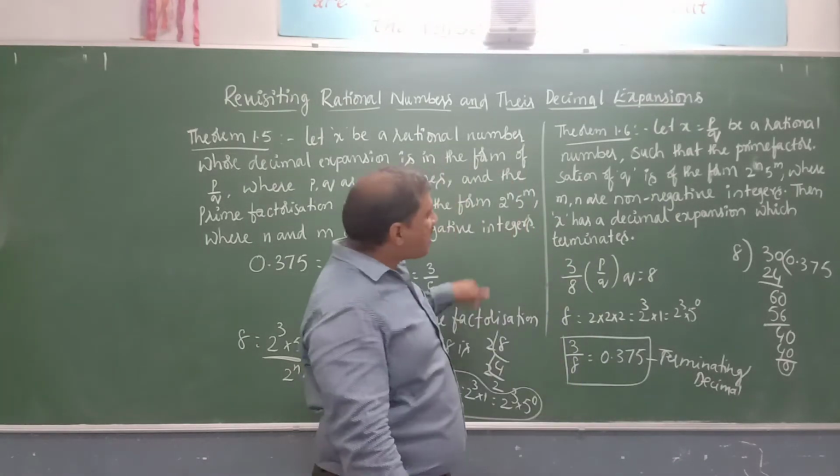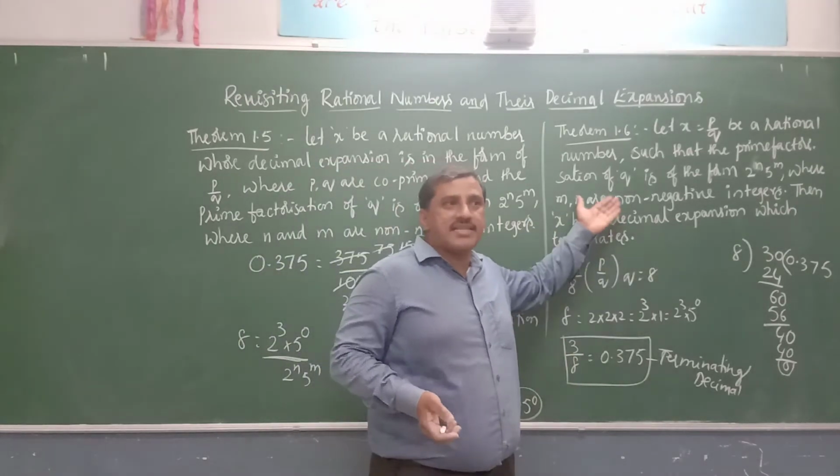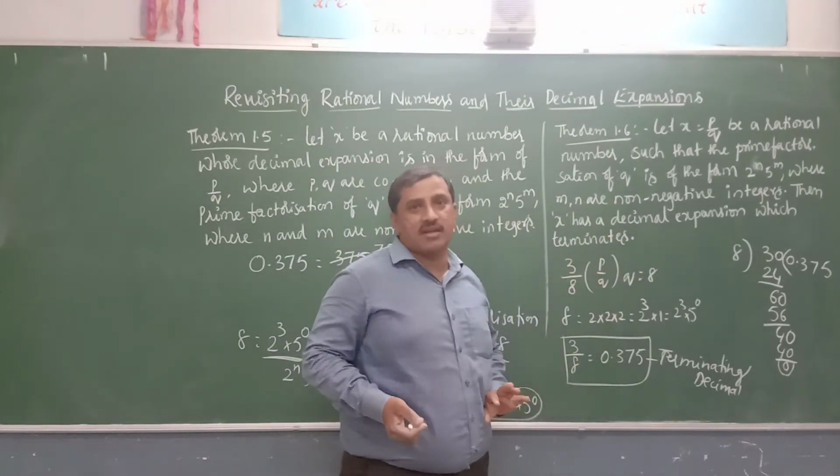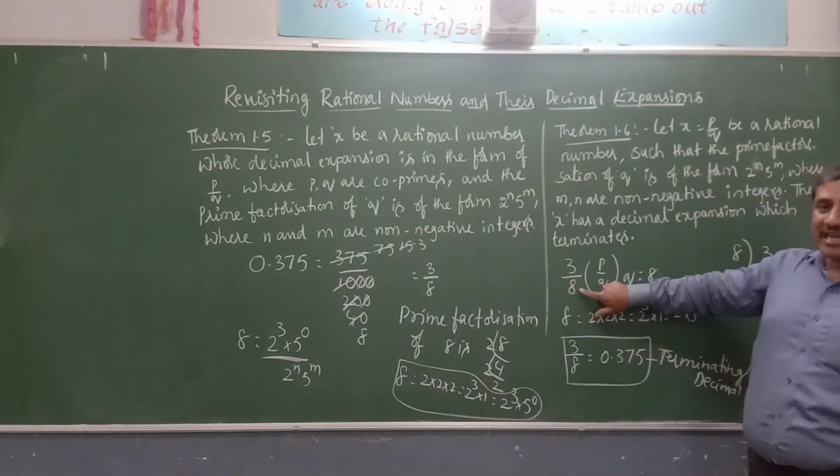So now, without doing the division, we can say whether the rational number will terminate or not. How? By finding the prime factorization of q, that is the denominator.